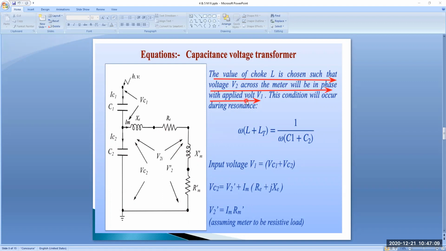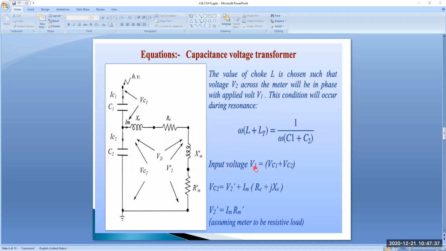That means it is purely resistive in nature. That's why the applied voltage V1 is in phase with V2. Resonance means XL is equal to omega L, XC is equal to 1 by omega C, and XL is equal to XC. So omega into L plus LT is equal to 1 by omega into C1 plus C2. This is the resonance condition.